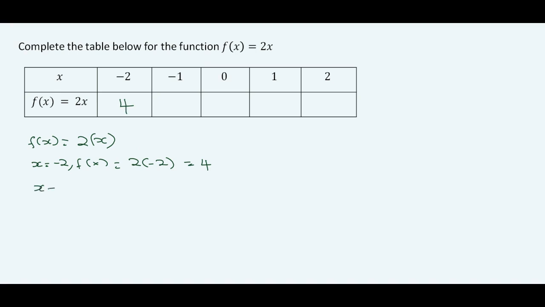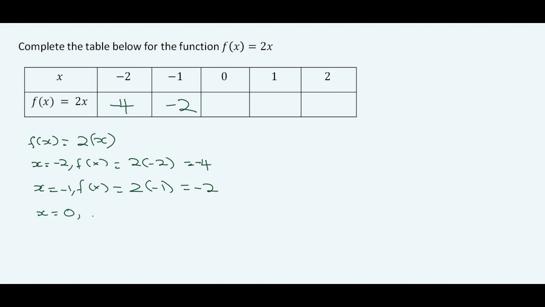If x equal to -1, f of x equal to 2 multiplied by -1, which is -2.